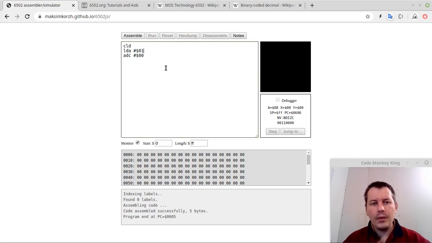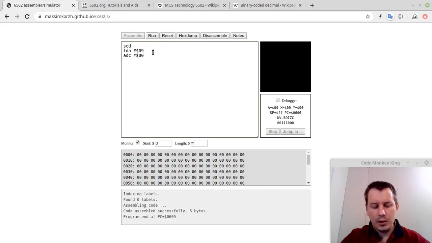So from 1 and up to 9, it's not affected. And if this is cleared, so let's say A, assemble and run, this is going to be A, B, and so on, right? However, if we set the decimal flag, then from 1 and up to 9 it's going to be exactly the same, right?